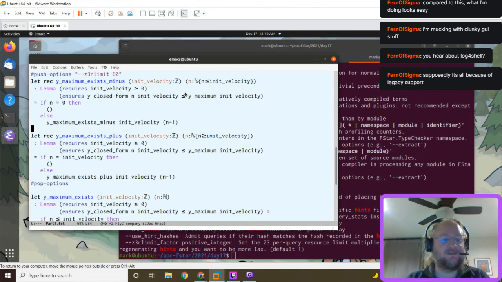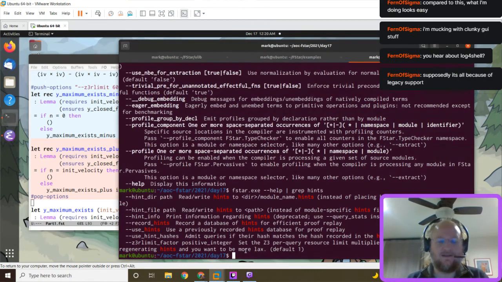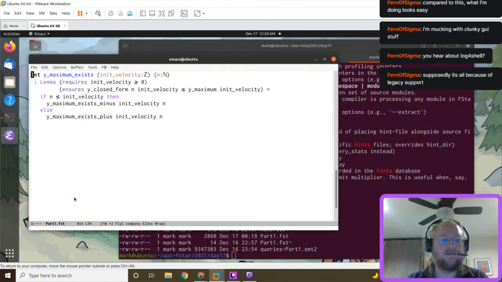All right, so what happens if we change that and put it back? It's not feeling a lot faster. That is in fact feeling slower. I don't see a hints file.